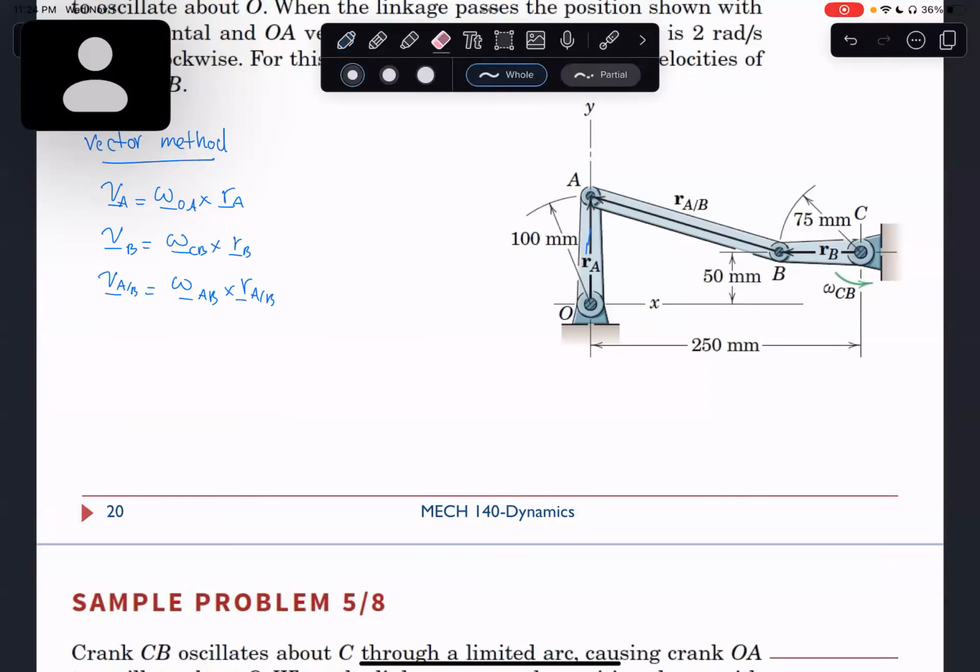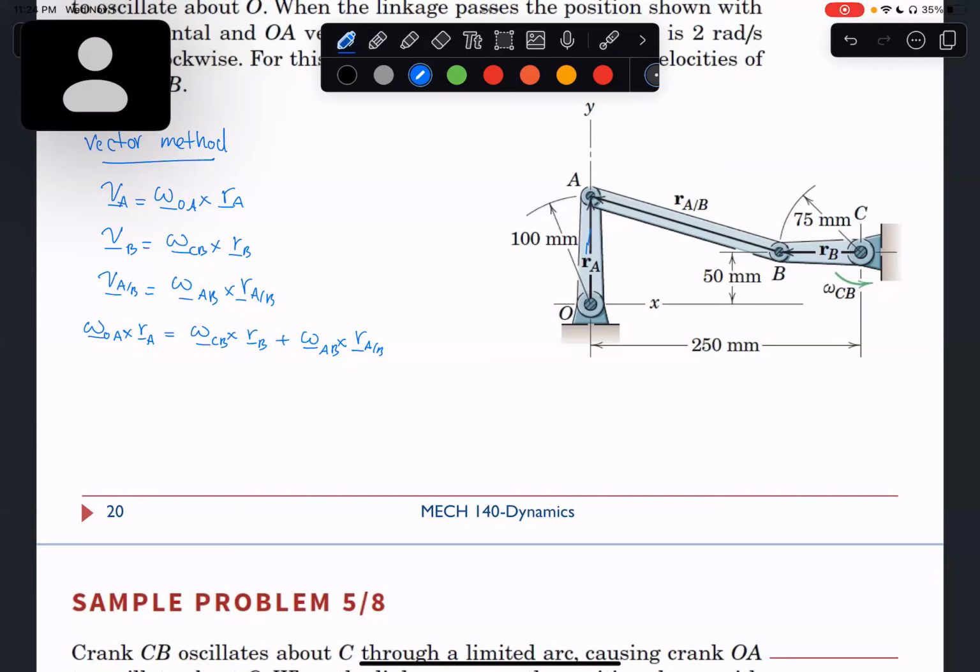I know VA is VB plus VA relative to B. So let's write that. Omega OA cross RA equals omega CB cross RB plus omega AB cross RA relative to B. I just wrote VA is equal to VB plus VA relative to B.